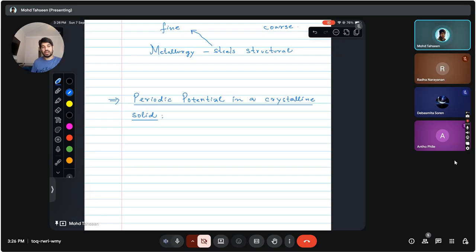So roughly the idea is that inside a solid, crystalline material, once we know that the packing is different, it means, to simplify it, the unit length after which every atom occurs is different in different directions.